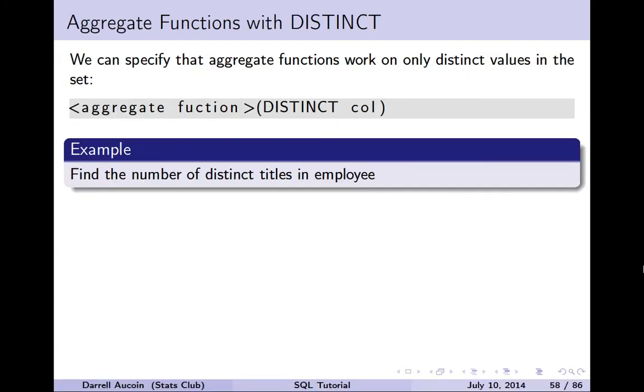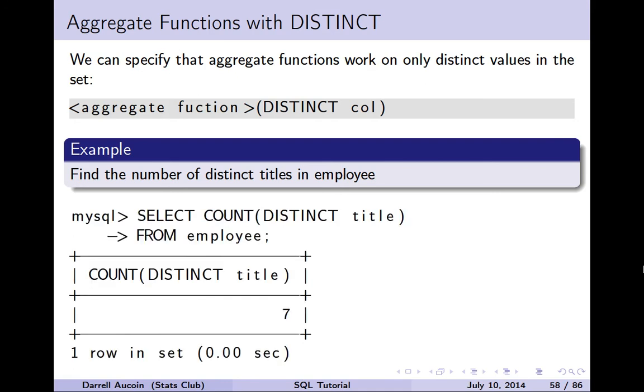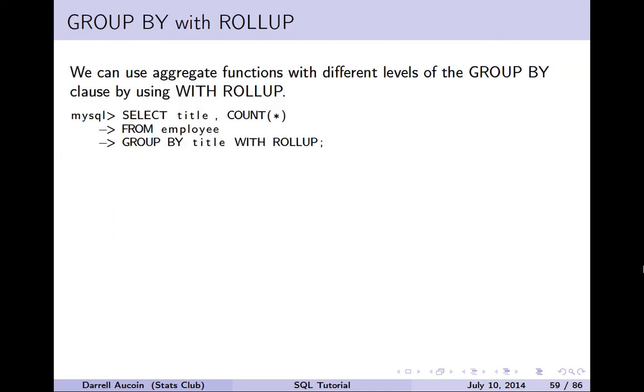If we use distinct, it would specify to only count the distinct values of this column. For instance, find the number of distinct titles an employee has. 7, what we had before. Remember, we had 7 rows before.